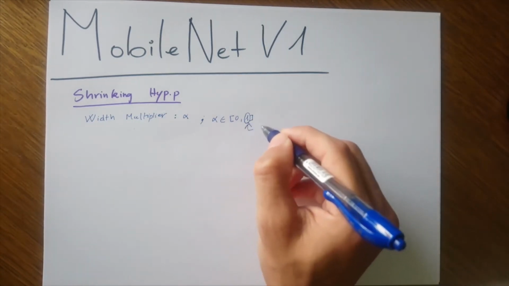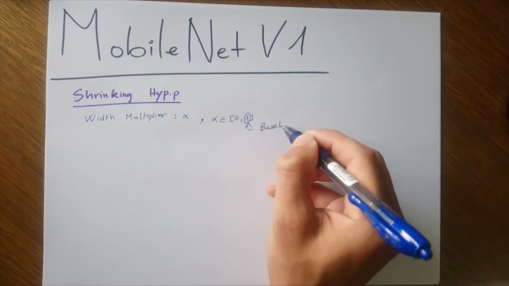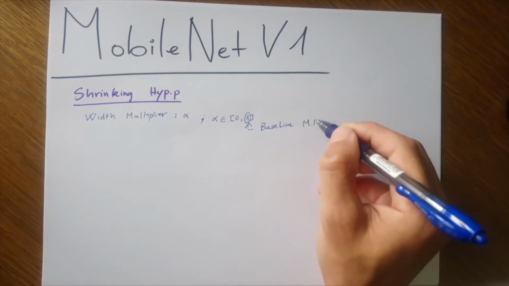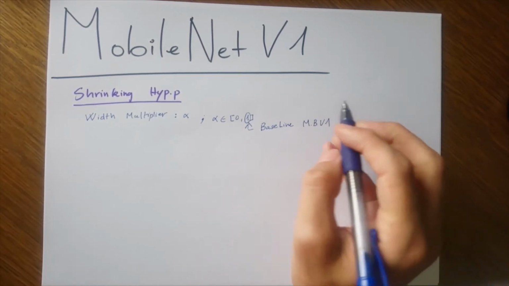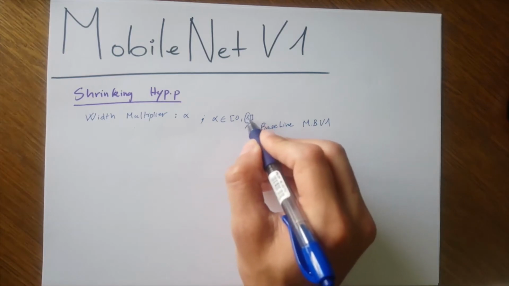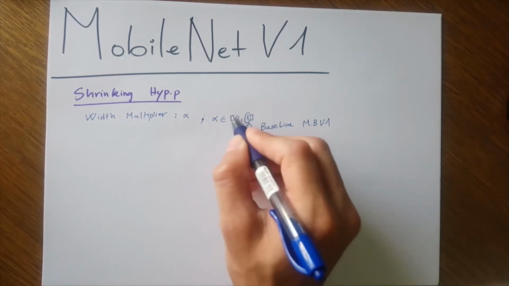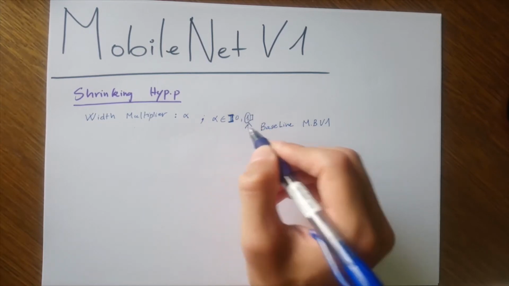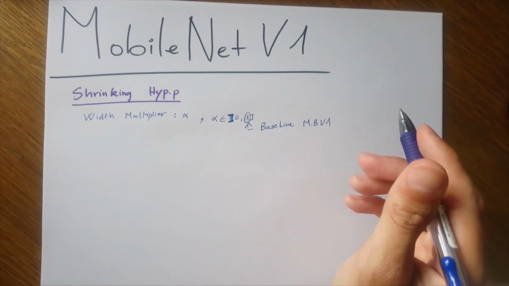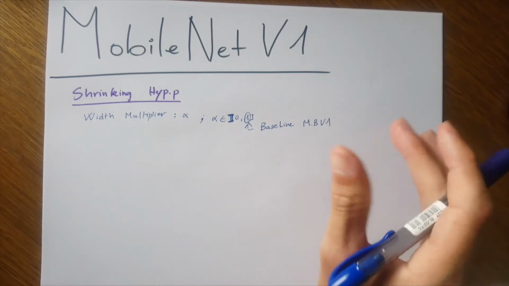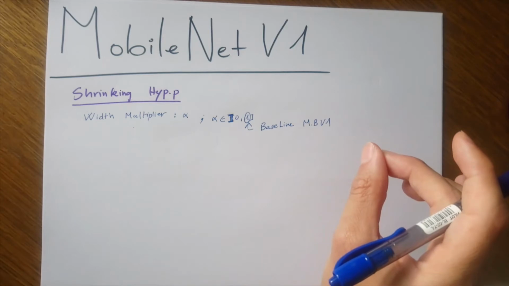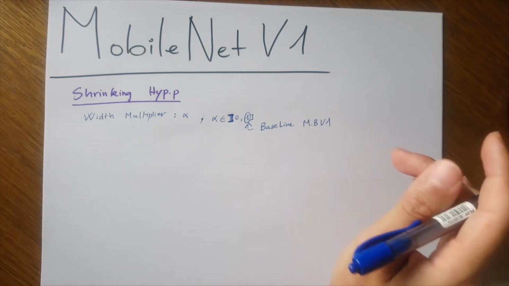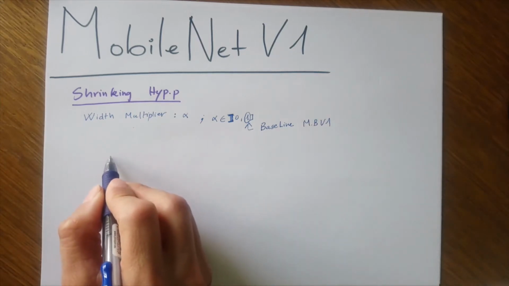In this case we talk about the baseline MobileNet version 1. Otherwise, if alpha is smaller than 1, and of course higher than 0, then the depth of the activations would be reduced because the number of kernels would also be reduced, right? So for example, let's consider the following situation.